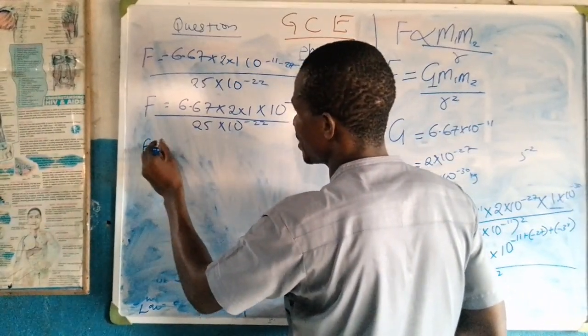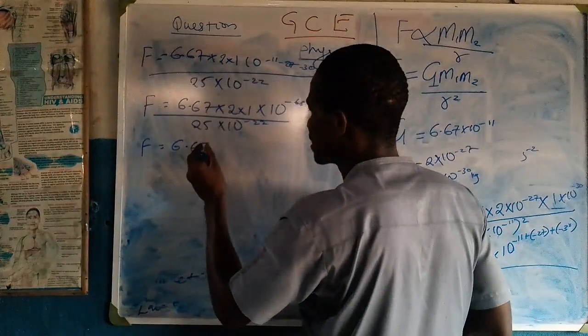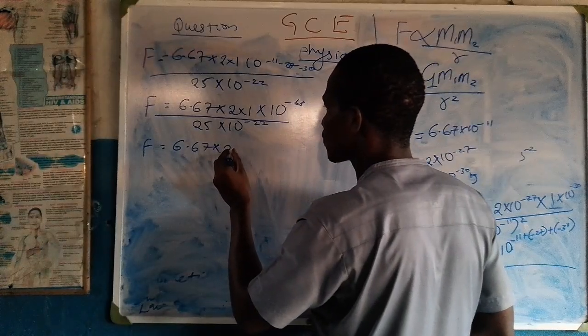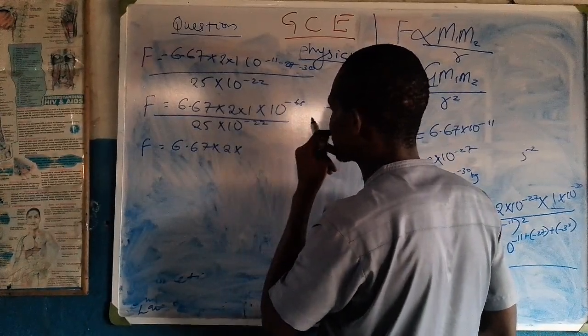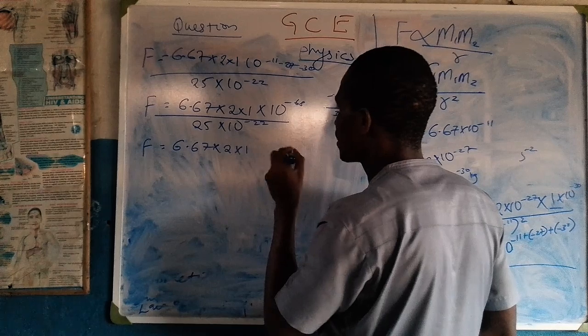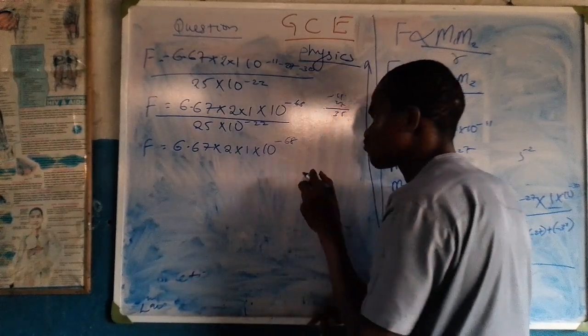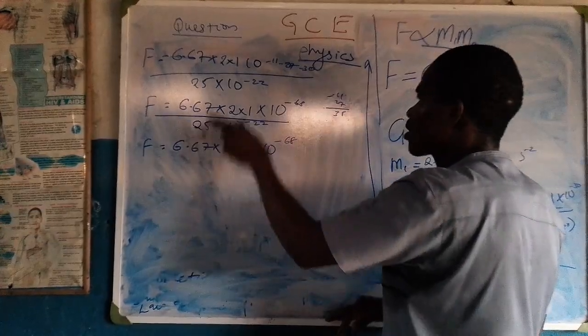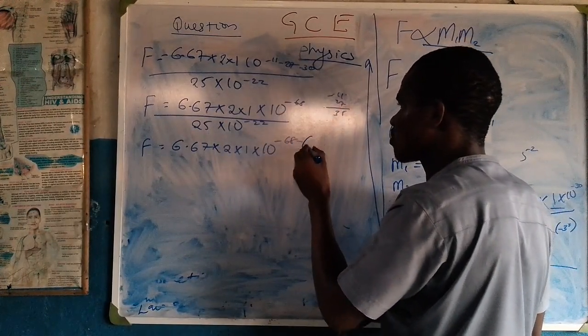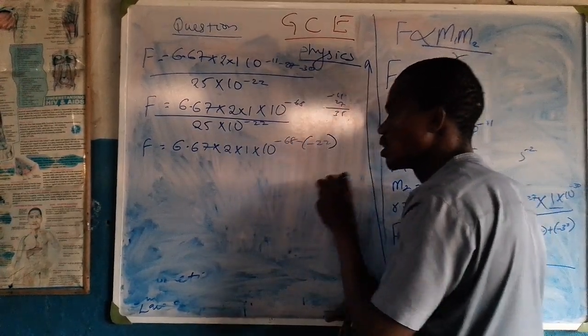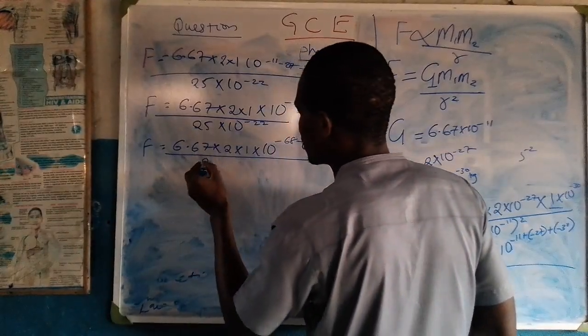F equals 6.67 times 2 times 1 times 10 raised to the power minus 68, minus minus 22, divided by 25.